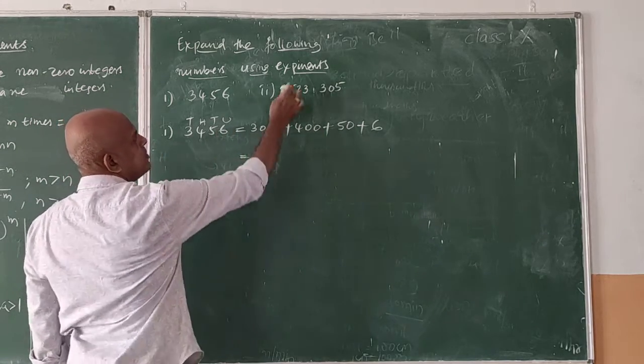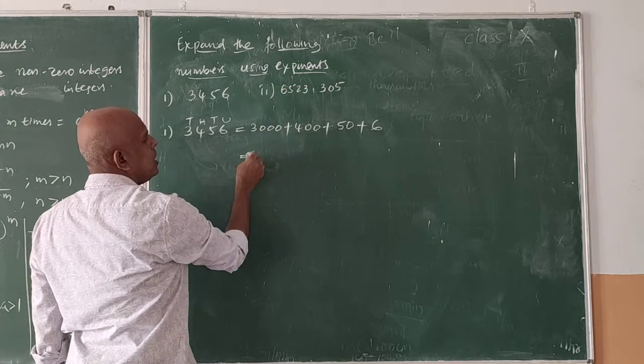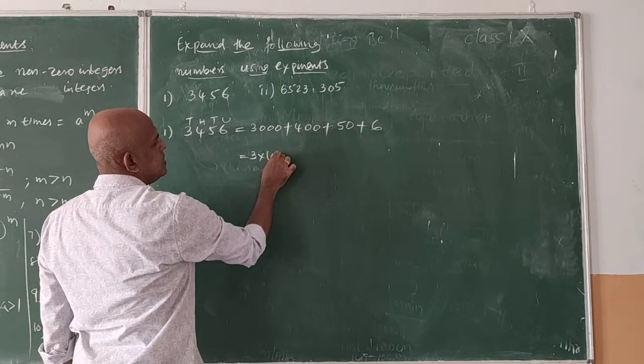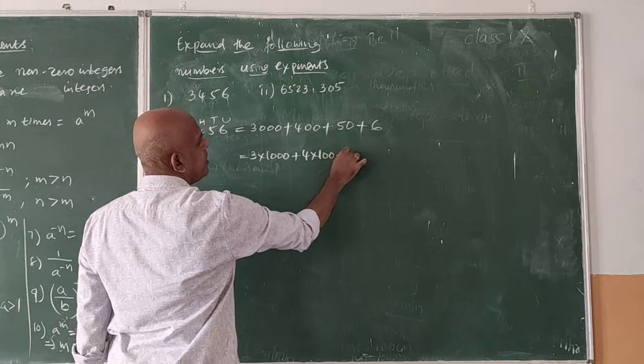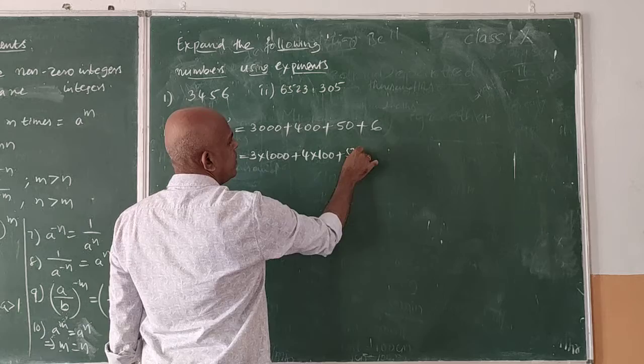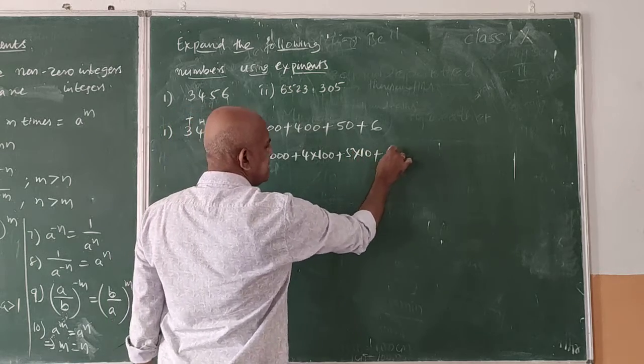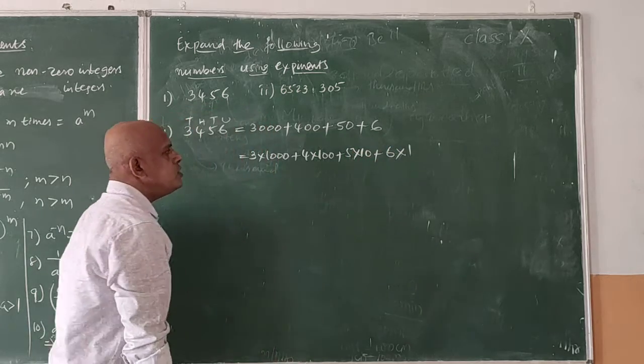Now we write in terms of exponents. So 3 into 1000 plus 4 into 100 plus 5 into 10 plus 6 into 1.